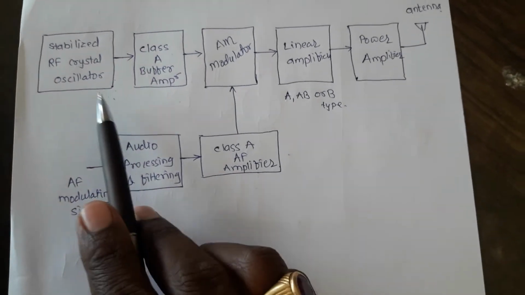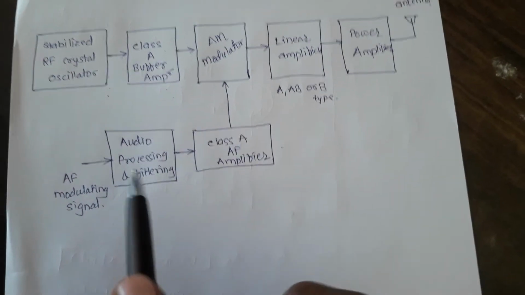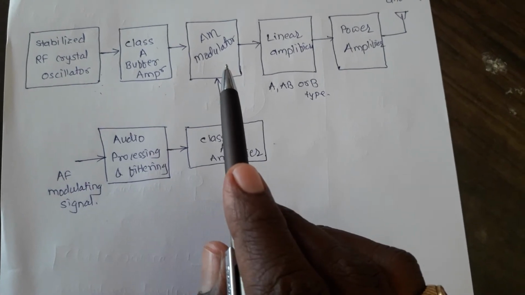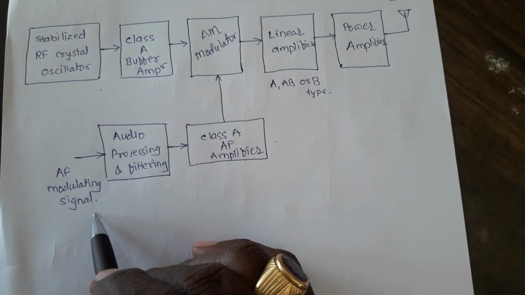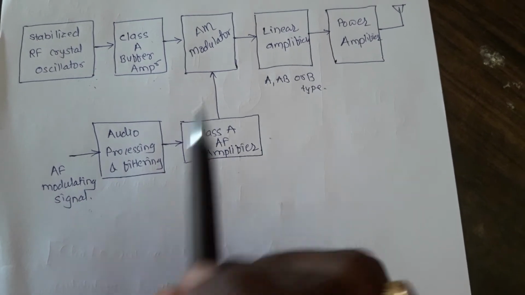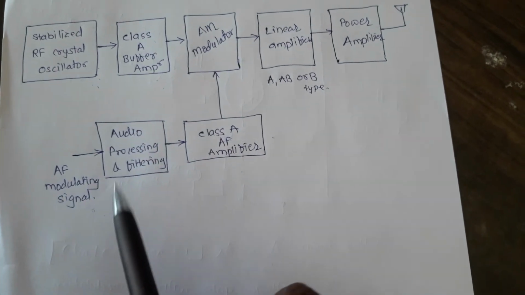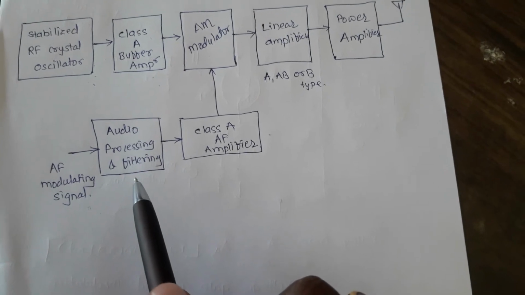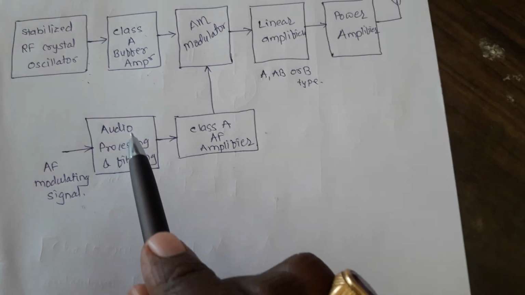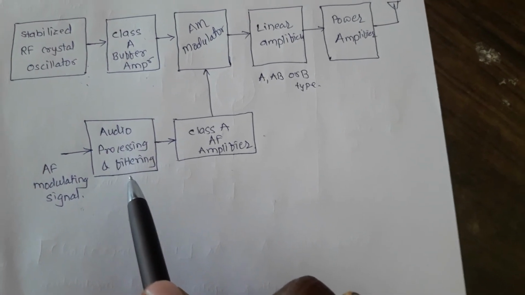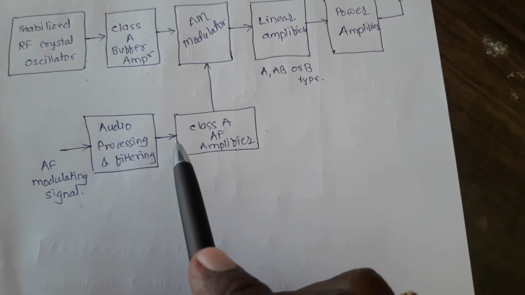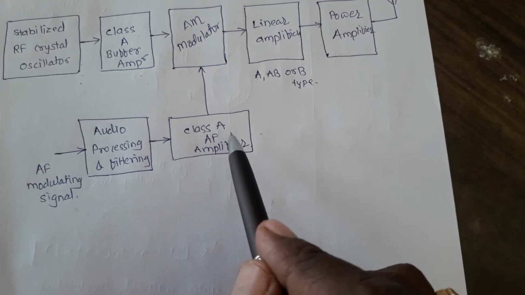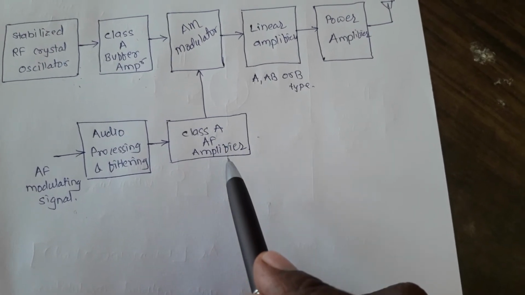Now we have a carrier signal. The other signal needed for the modulation process is the modulating signal. The audio frequency modulating signal which we want to superimpose on the carrier is given to the audio processing and filtering unit, which does the necessary signal conditioning of the audio signal, and the signal is then given to the class A AF amplifier.